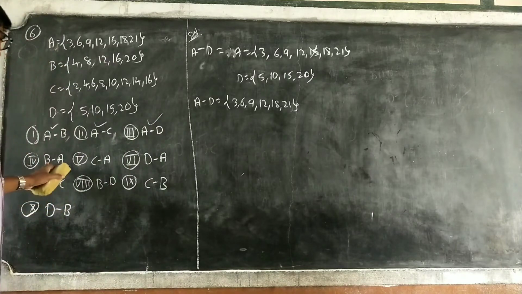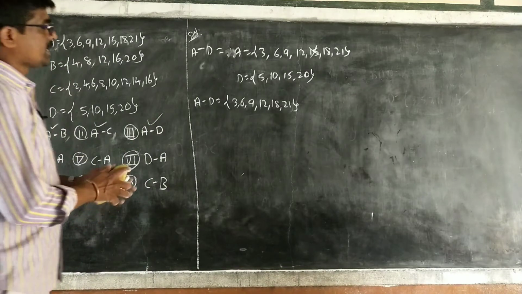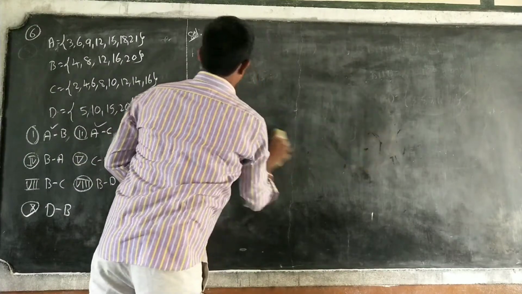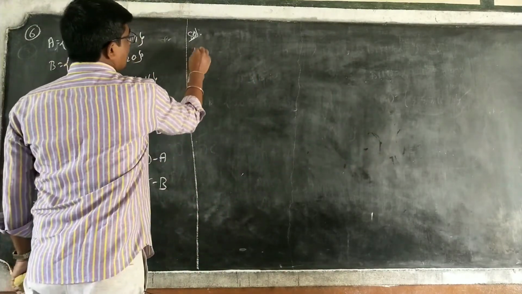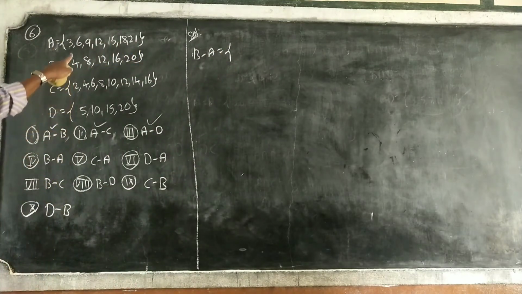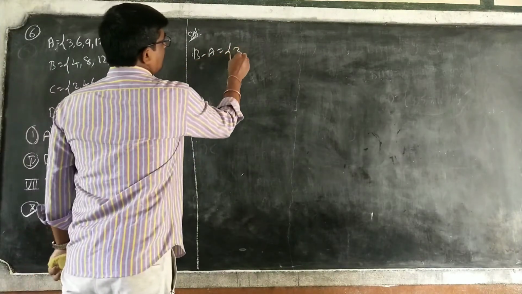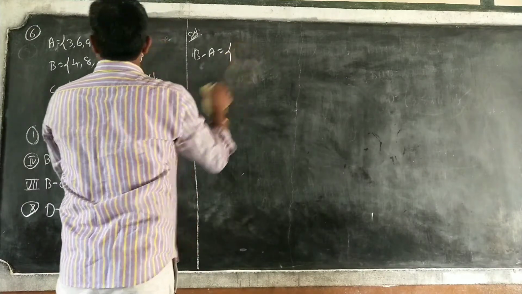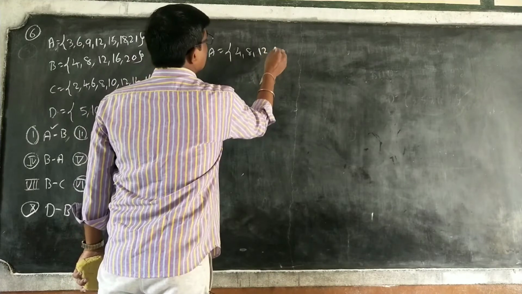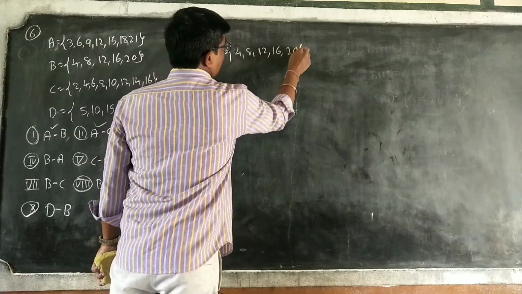Next we have to find B minus A. Same as it is, I am following. So what is B minus A? What is B here? Observe here. B is equal to 4, 8, 12, 16 and 20.